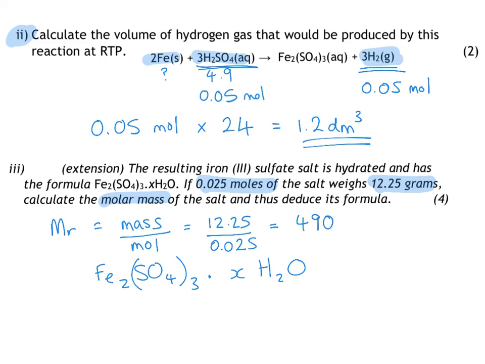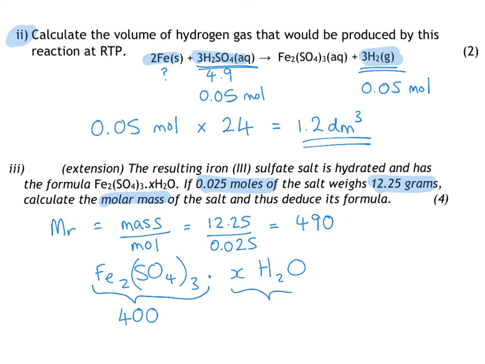I'm now going to work out what that bit weighs, because there's only one of those, there's not an X in front of it. So I'm going to add up 2 lots of iron, 3 lots of sulfur, and 12 lots of oxygen. I need to know how to use my brackets to do that. That gives me an Mr of 400.